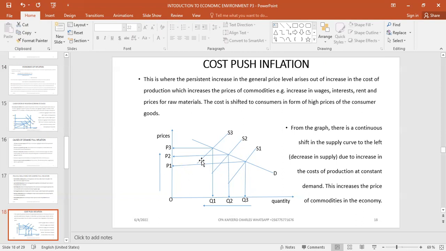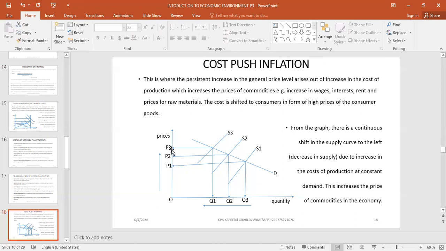That decrease in supply comes as a result of an increase in the costs of production. Here we see that the reduction from S1 to S2 was as a result of an increase in the prices of the raw materials from P1 to P2.